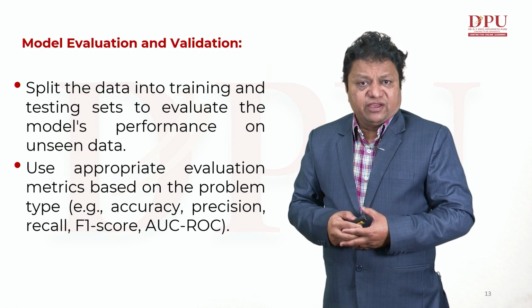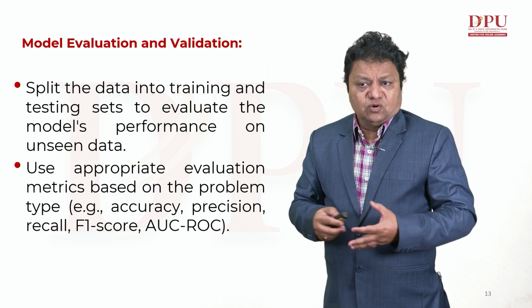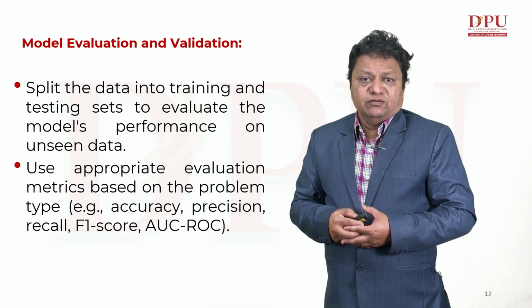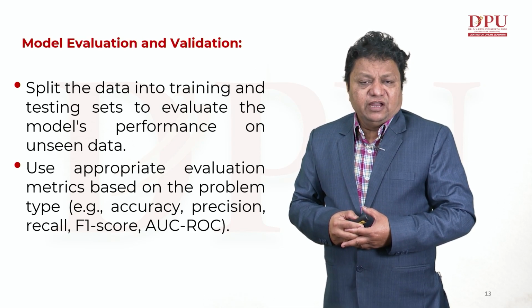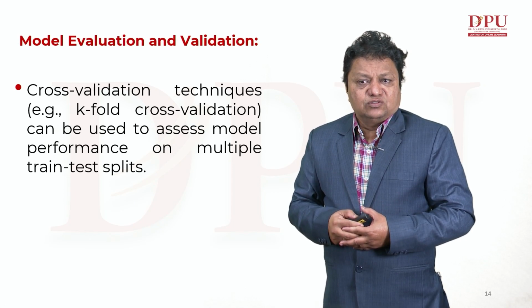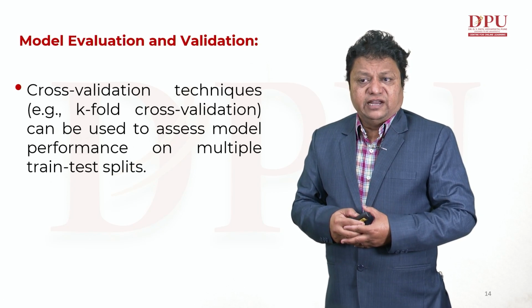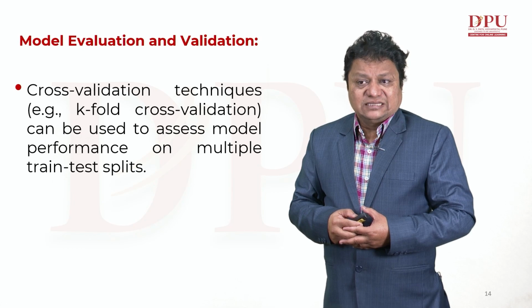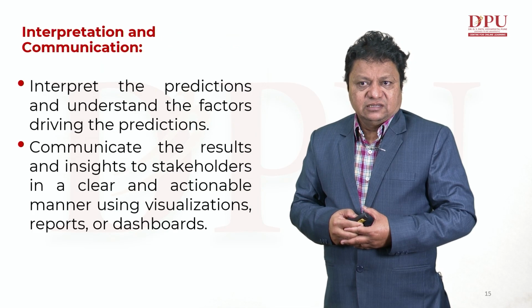The metrics can be accuracy, precision, recall, F1 score, AUC-ROC. These are the metrics on which I can evaluate the performance of the model. Again, I can use cross validation techniques. For example, k-fold cross validation can be used to assess the model's performance on multiple train test splits.